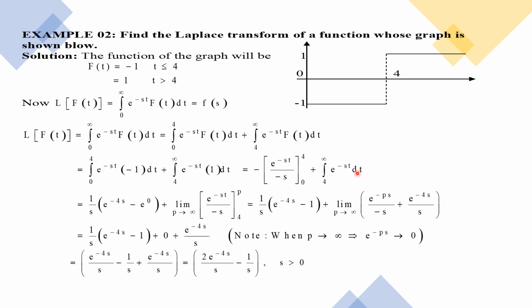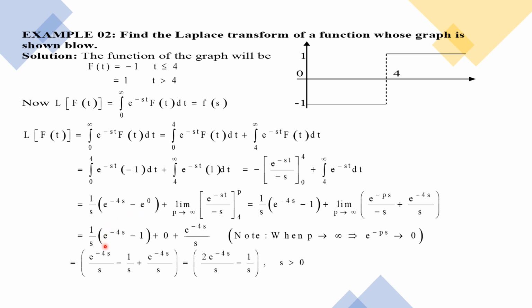Solve this improper integral: e power minus st, from 0 to p, with p to infinity. So 1 over s, e power minus 4s, e power 0 is equal to 1, plus the limit p to infinity. Apply the upper limit e power minus ps and the lower limit e power minus 4s upon s.